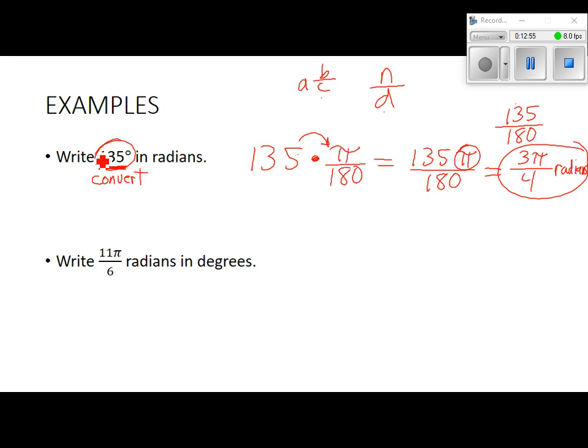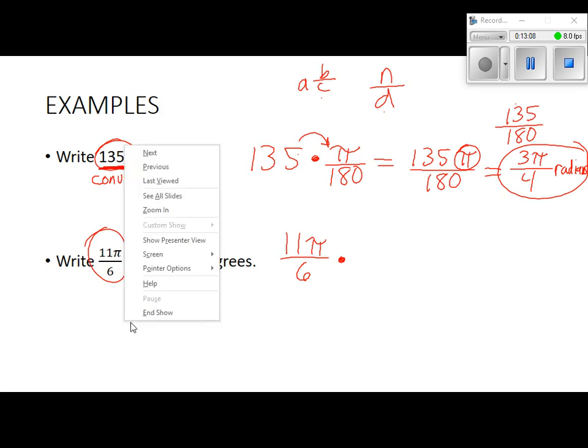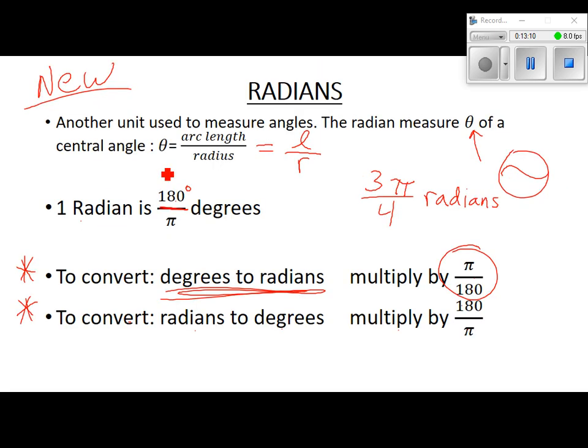If we're going the other way, we take our radians measure. This time it's 11 pi over 6. And we're going to times it by, if I go back to this, we're going to times it by 180 over pi to go from radians to degrees.